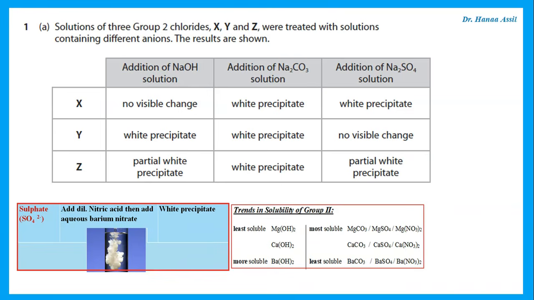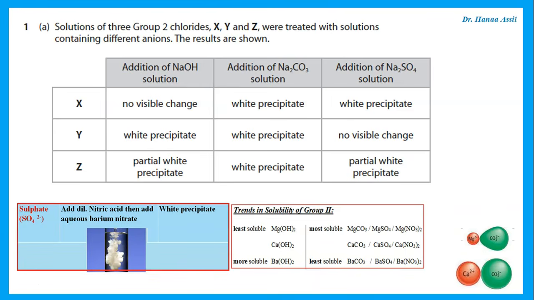Remember that if we're talking about carbonate, sulfate, or nitrates, as we go down group 2, the cation is larger, so less polarizing ability. So when we're talking about carbonates or sulfates of group 2, the one with magnesium is more soluble than the one with calcium or barium.